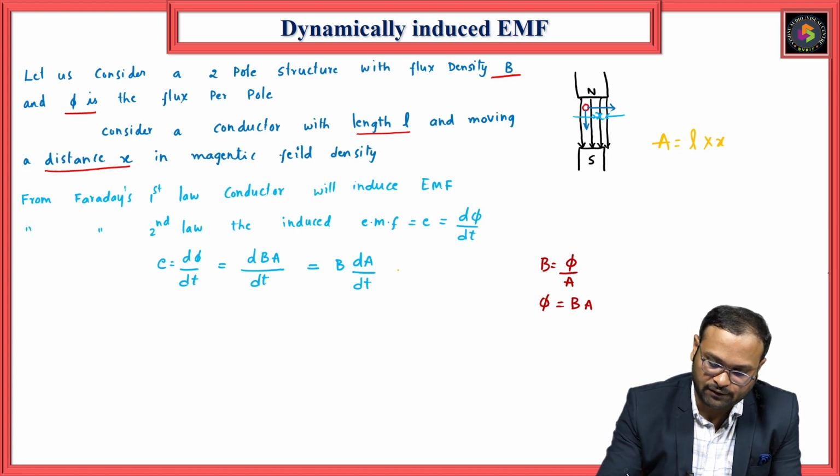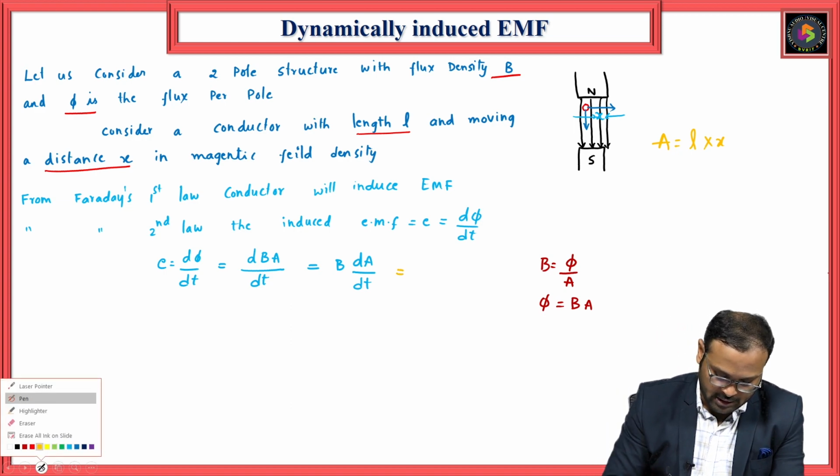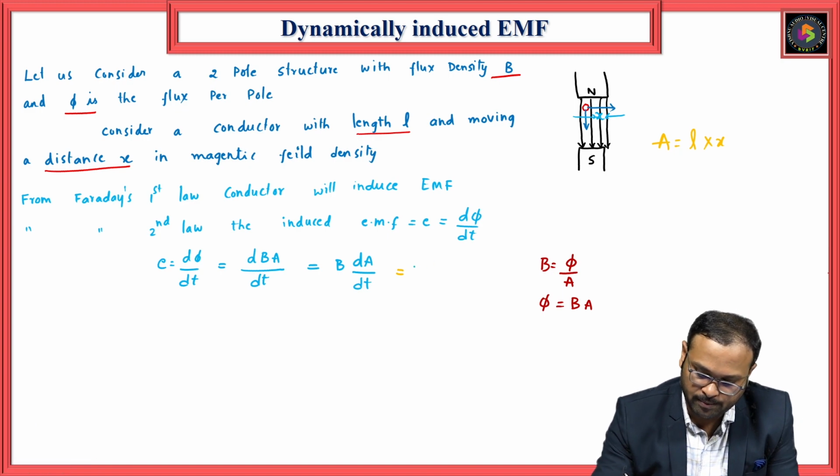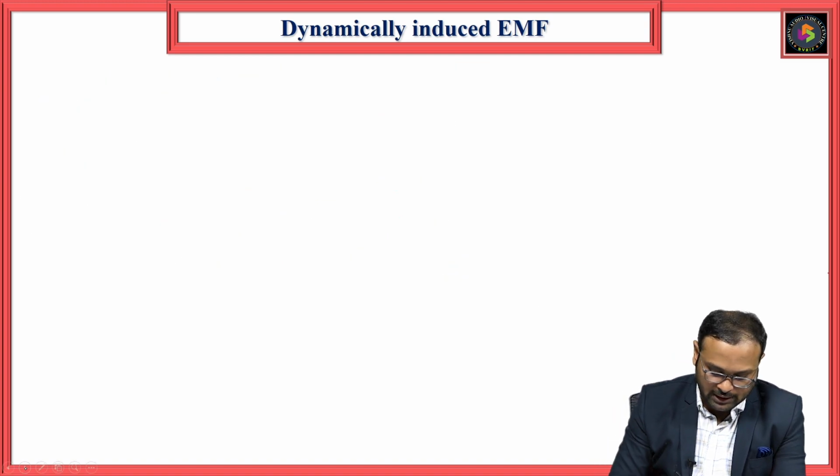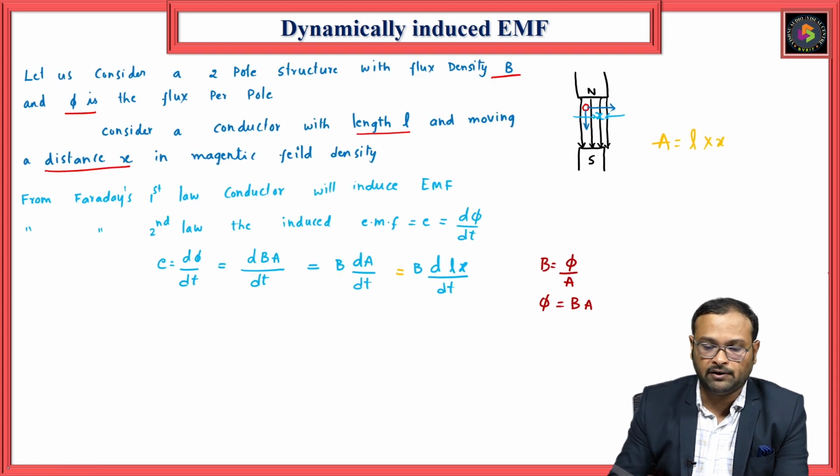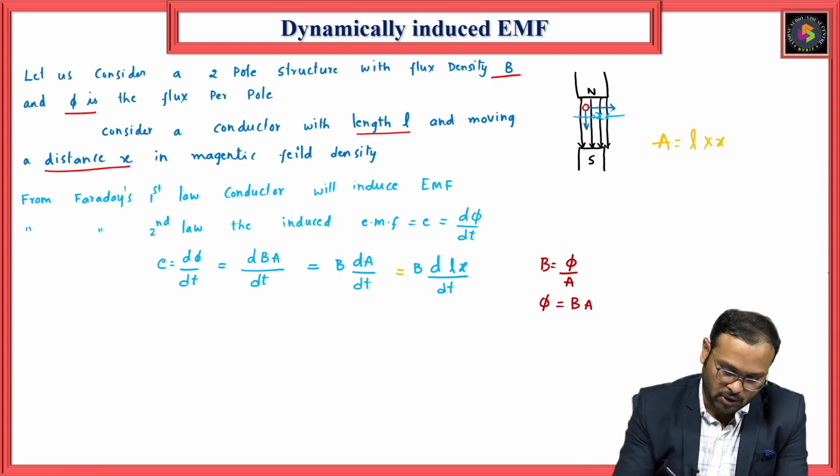Now if I substitute that, we get B into d(Lx) by dt. We know that the length of the conductor is not going to change once we take the conductor, so L also will come outside. So it implies E is equal to B L dx by dt.